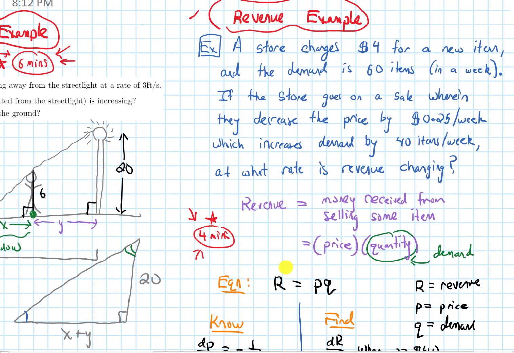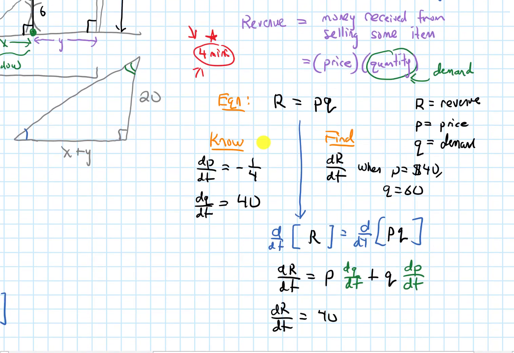The price wasn't 40, it was just 4. So price was 4, times dQ/dt, which was 40. That may have been where I was getting confused. And then plus Q, my Q value at this instant is 60, times dP/dt, which is negative 1/4.